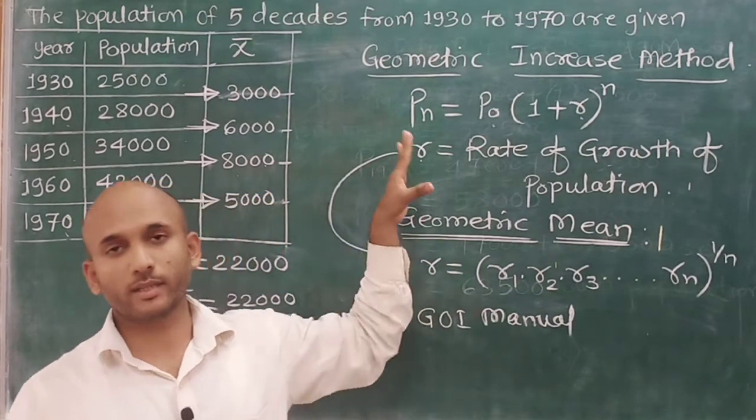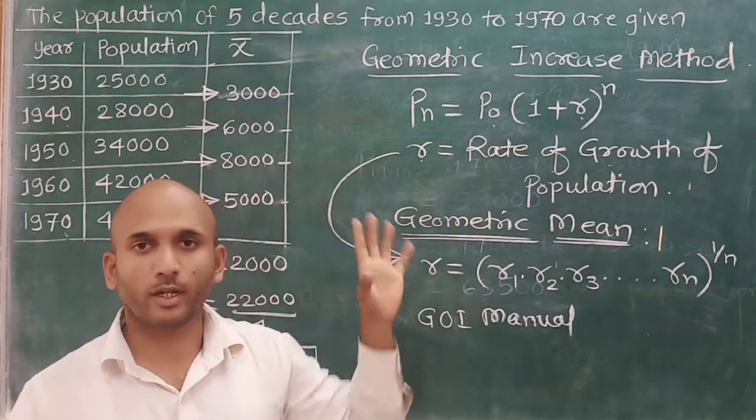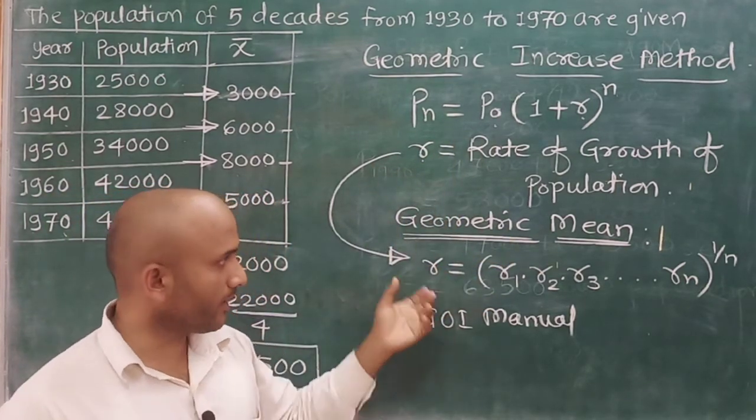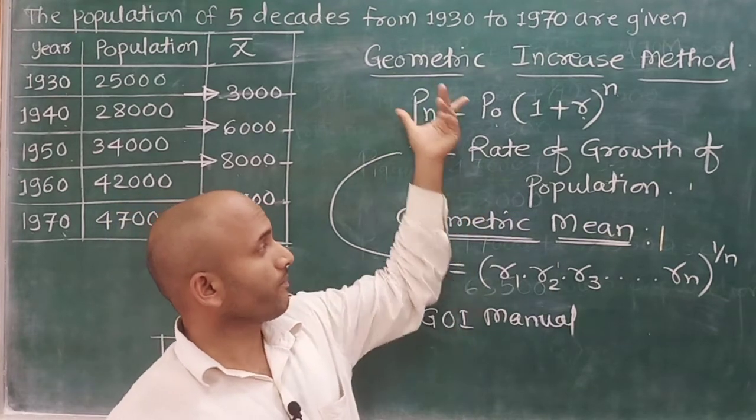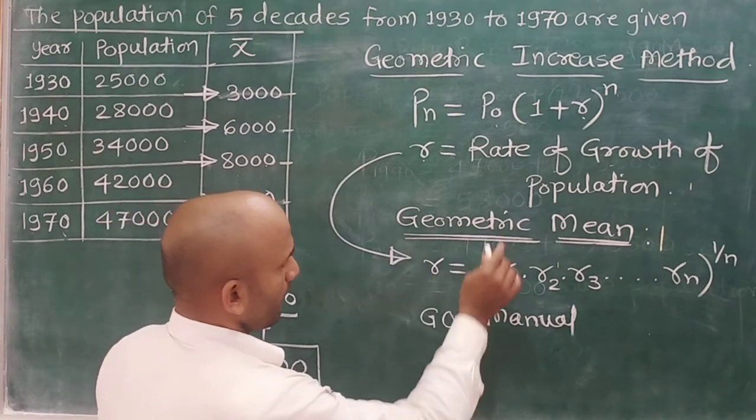Don't use arithmetic mean. It is not mentioned in the Government of India manual, so the geometric mean is authentic to determine the value of r.